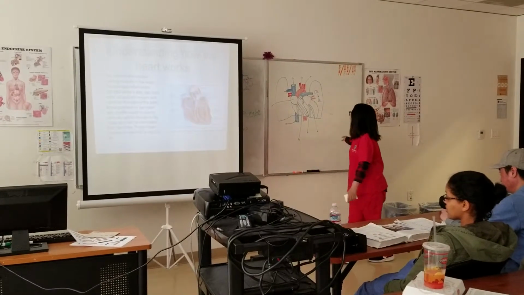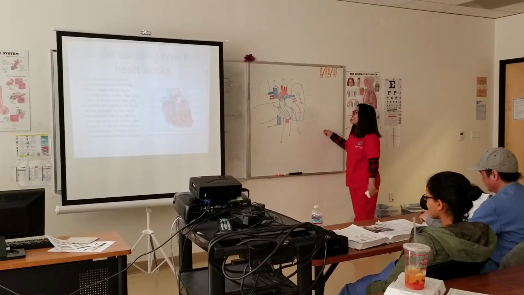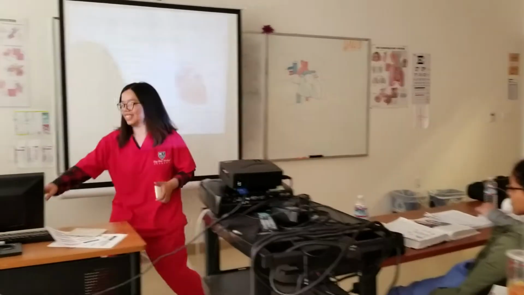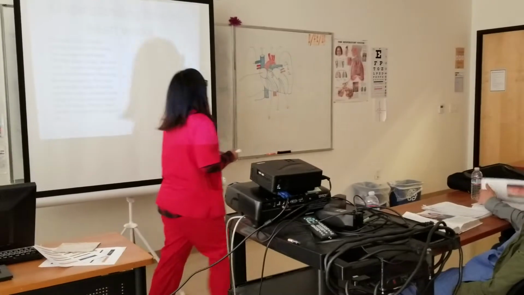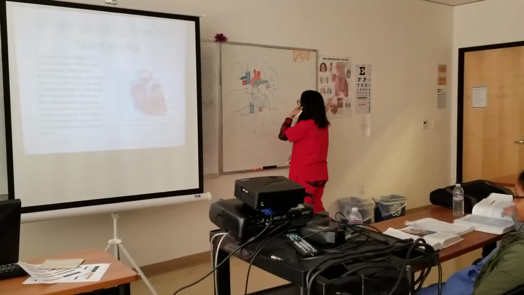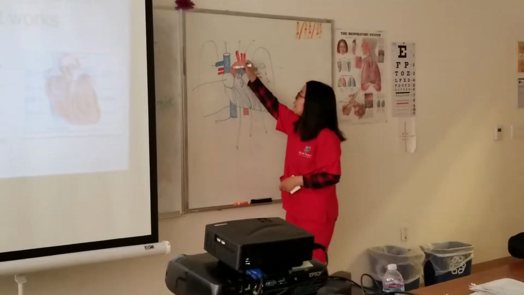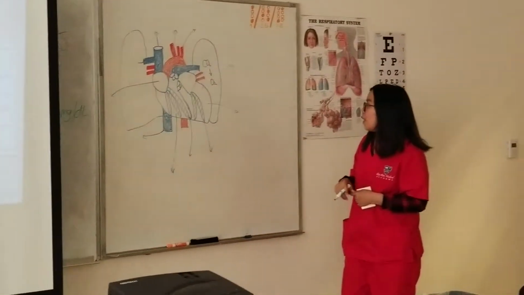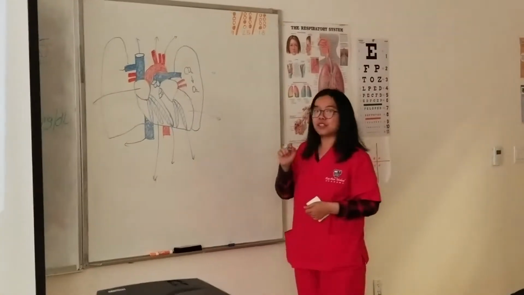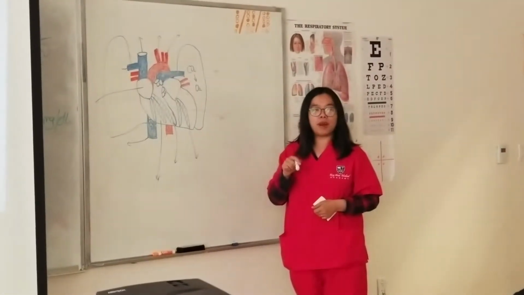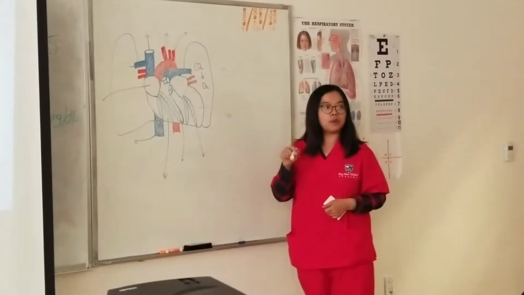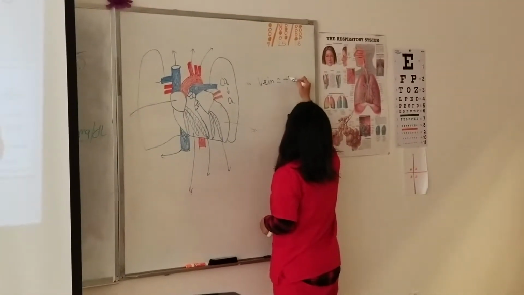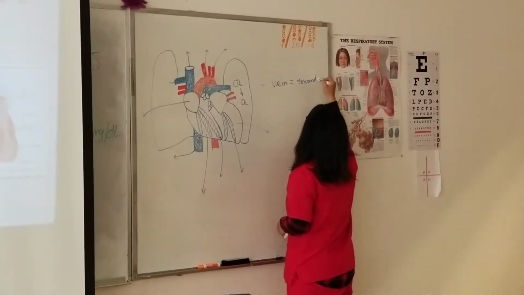And let's see this diagram. I did it this morning. When the blood comes through these two big veins, I just want you to know that every time I mention the vein, the blood is going toward the heart.